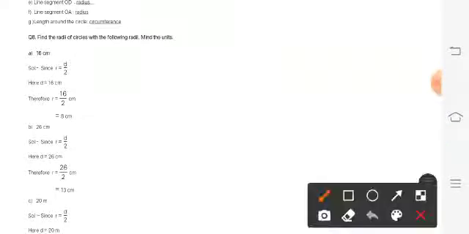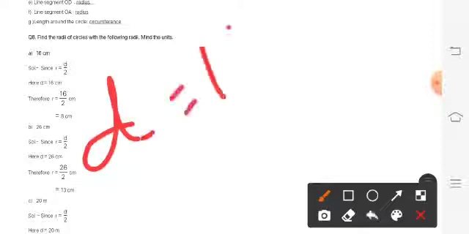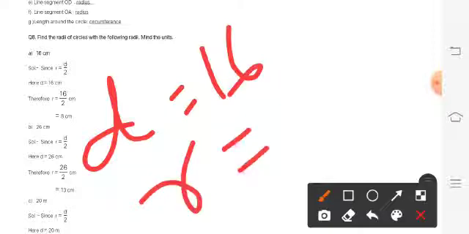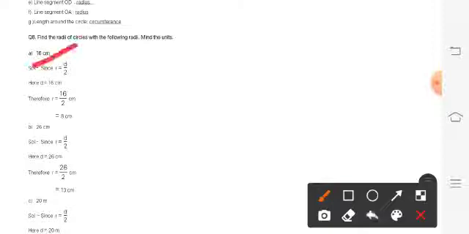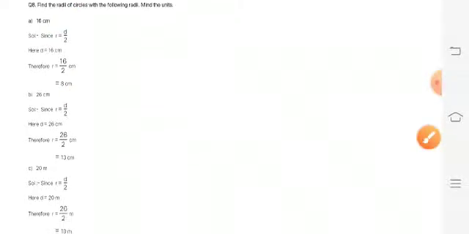For example, here the question is to find the radii of circles with the following diameters. Diameter is given and you have to find the radii. Diameter is 16 centimeters, and of course the radius will be obtained by dividing the diameter by 2, that is 8 centimeters. Mind the units: whatever unit is written here, the same unit should be written in the answer. A similar process will be followed in the other parts.